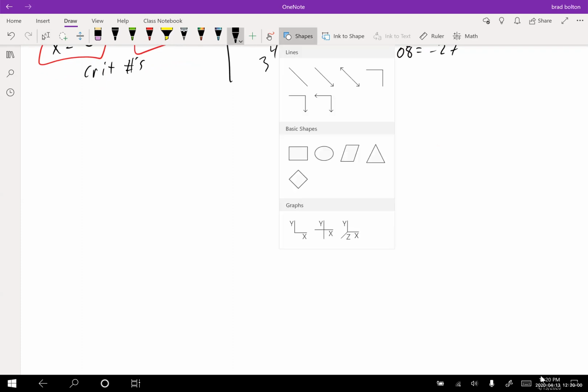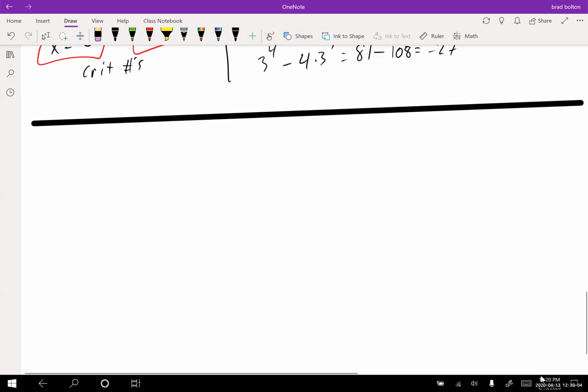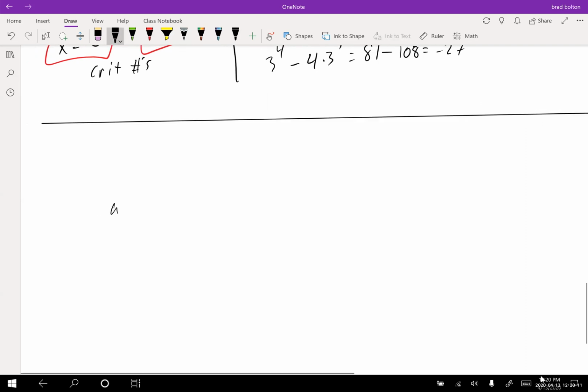So let's go here. So now we are going to deal with the second derivative test. So we can now discuss concavity.